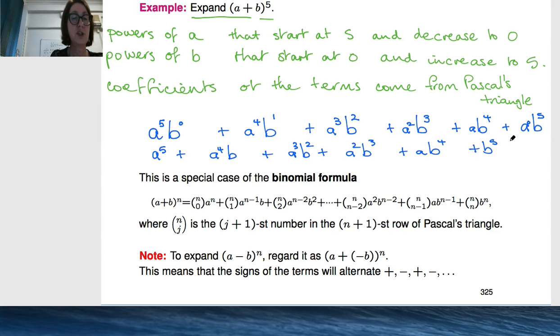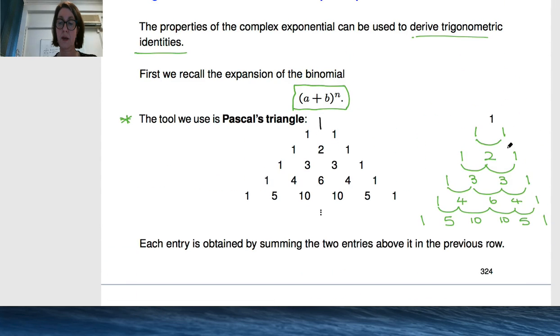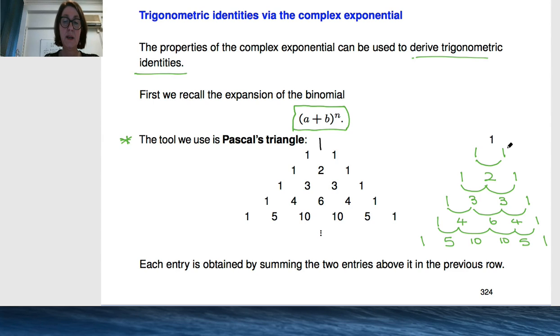Now it's not quite finished yet because not all the coefficients are going to be equal to 1, but here's where we go back to Pascal's triangle. Let's just go back up to the previous page. You'll see that we need to use this row of coefficients. The coefficients are going to be 1, 5, 10, 10, 5 and 1.